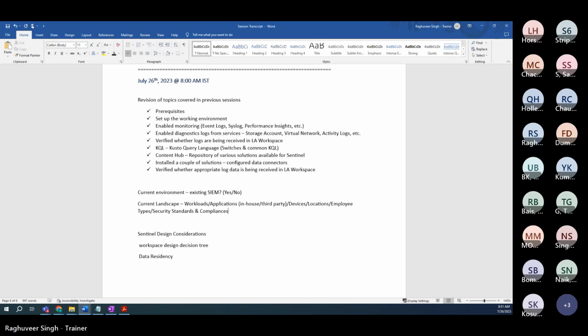You will need to have that visibility, because based on that industry vertical, there will be certain compliances which apply to that industry vertical.